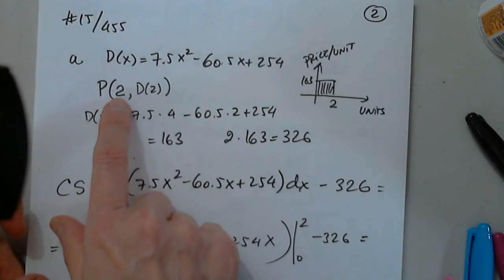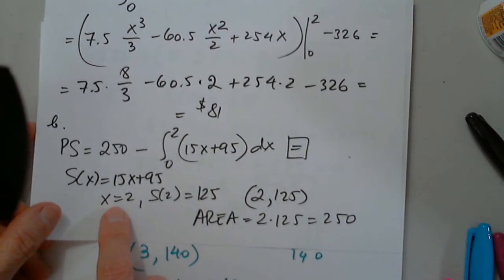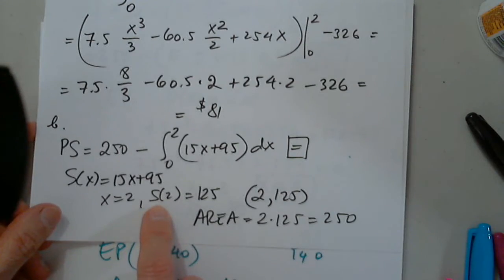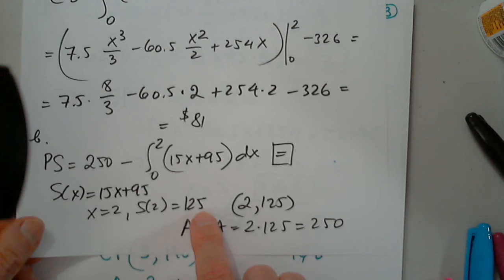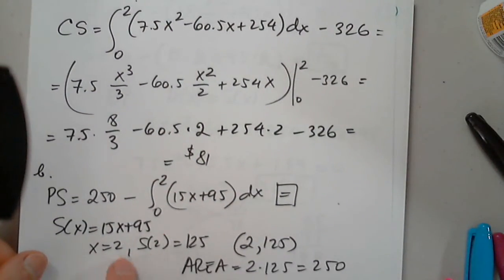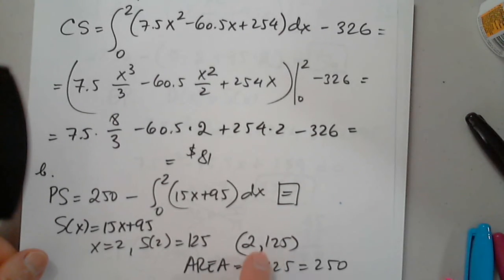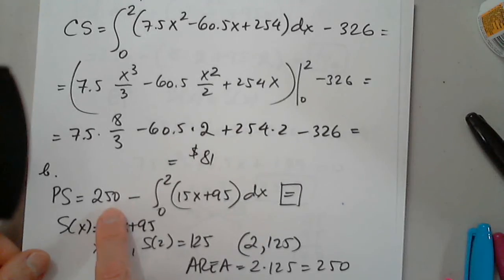So here I have to have 2 comma d of 2. And for this one, I have to have 2 comma s of 2. And they are not the same. This one is 163 and this one is 125. Because this 2 comma is not the equilibrium point, this product is different.